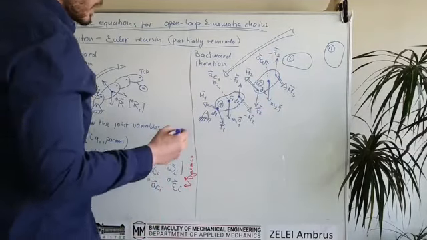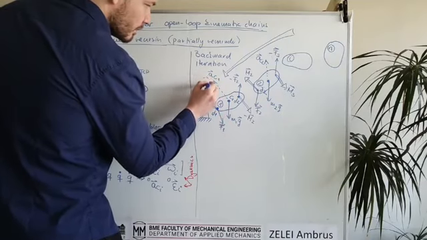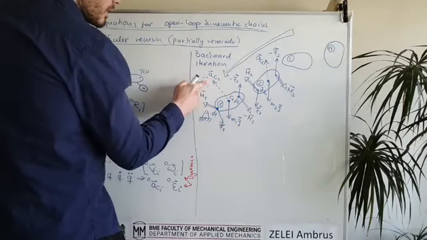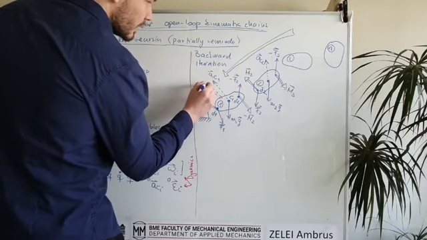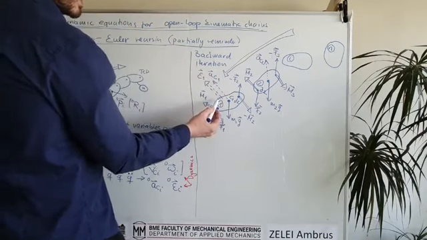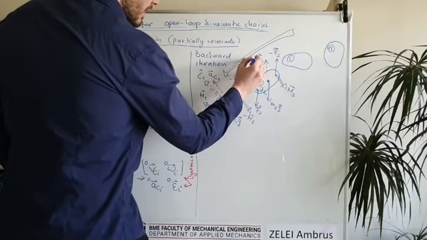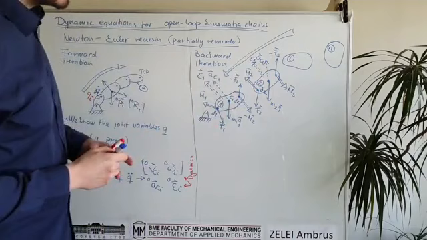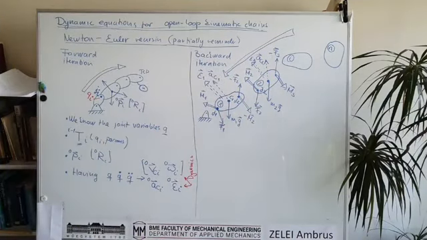And we can also use this double arrow. So this is the angular acceleration for link number 1, this is the angular acceleration for link number 2. So we see that we have everything we need for the dynamic equations of the robot.